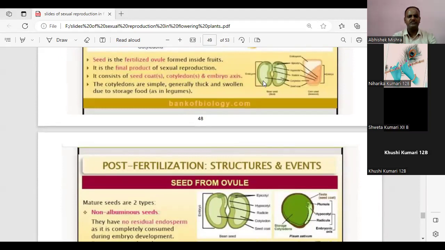Yes, you can send your queries in the chat box. Okay, let me check. Yes, Amardeep, diagrams are definitely very important. Diagrams are always very important.